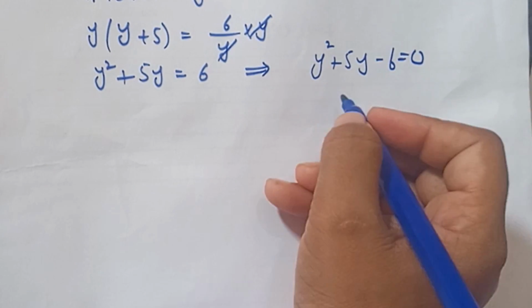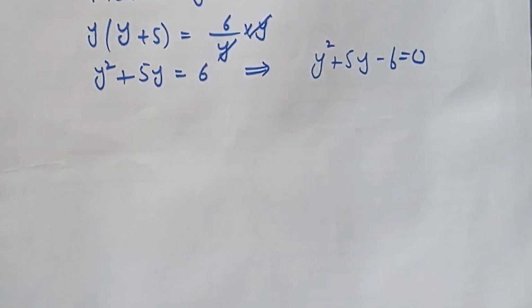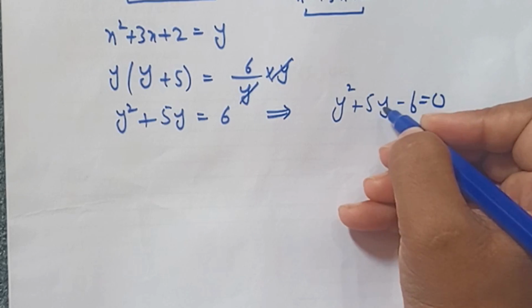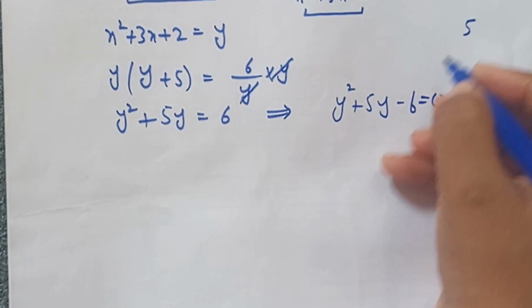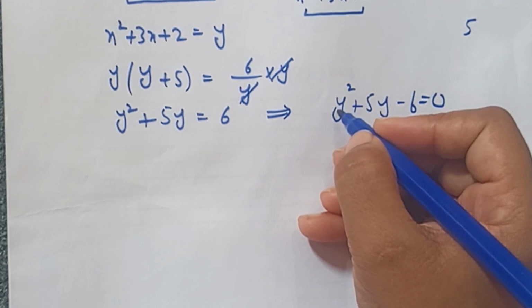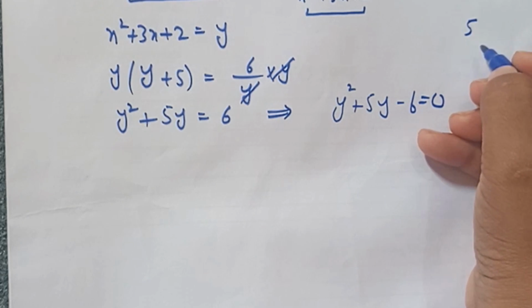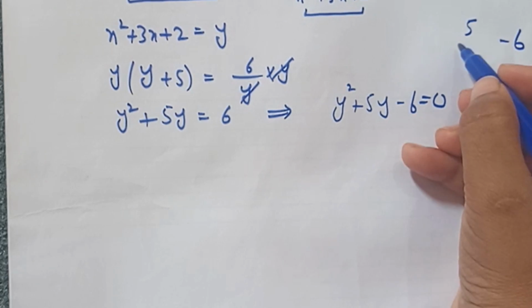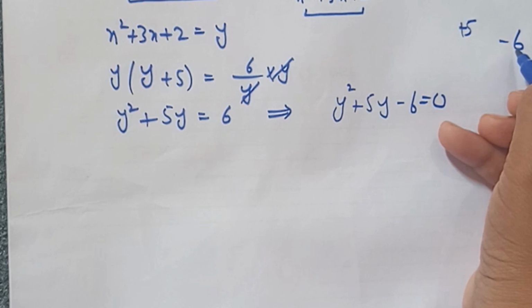And now this will become a quadratic equation. So we use factorization. For this, look at this. The coefficient of y is 5, and if we multiply the coefficient of y² and the constant, then we get −6. So that is why this is a positive 5 and this is a −6.